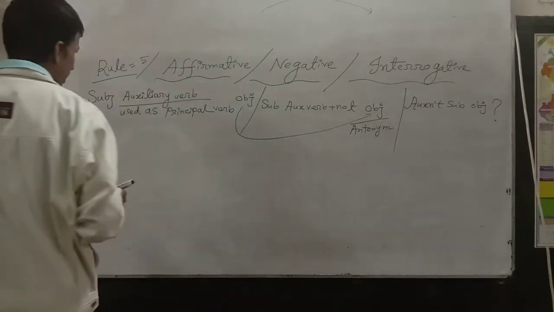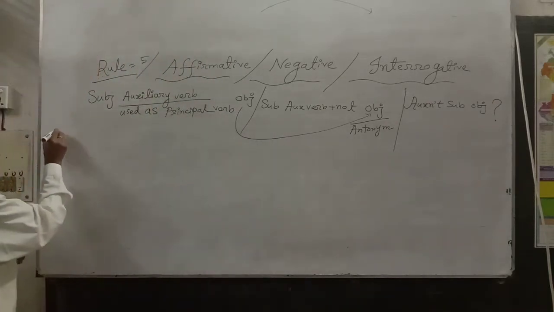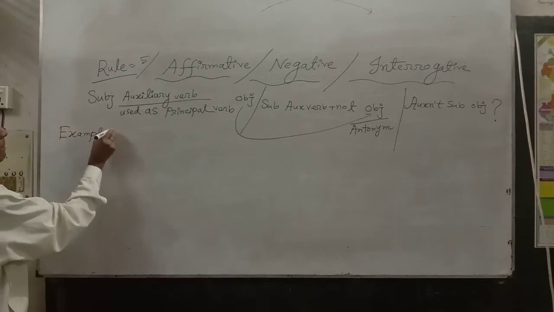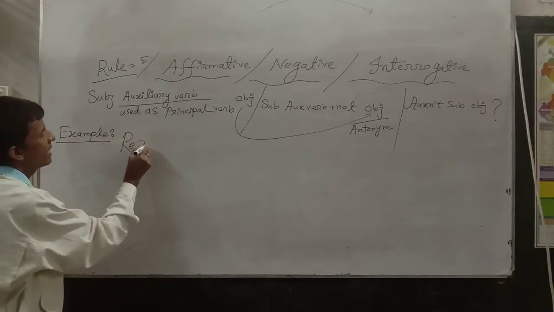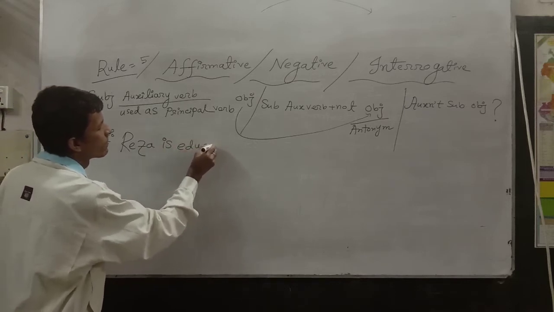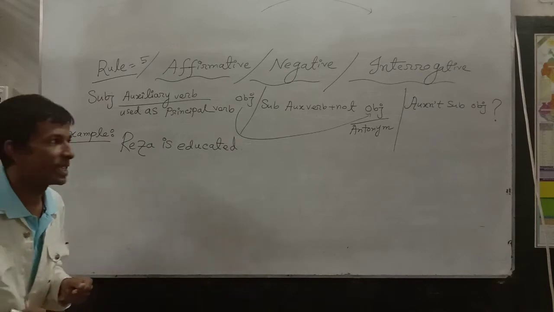First of all, I will write the example from the affirmative sentence. Example: Reza is educated. Now let me explain the main structure of this sentence.